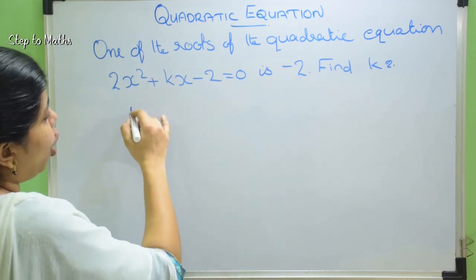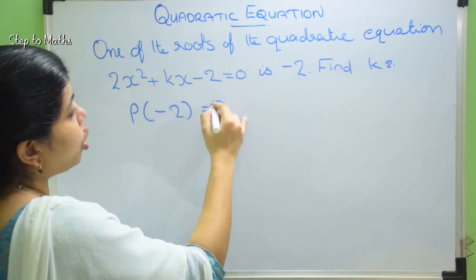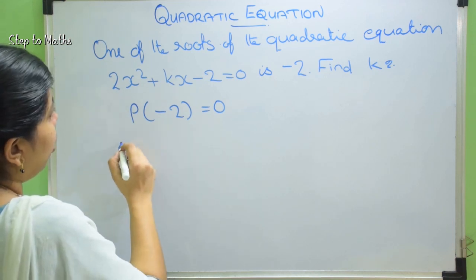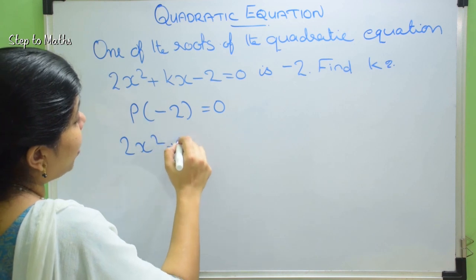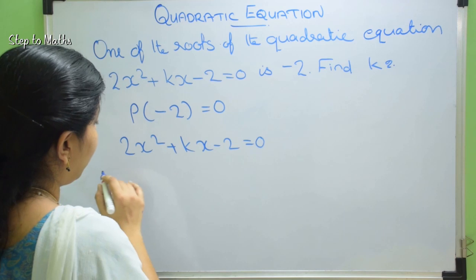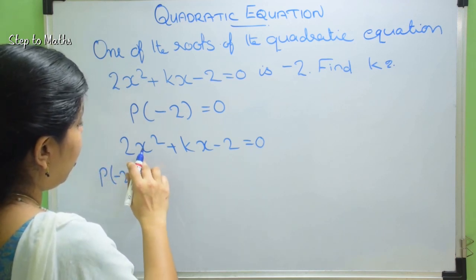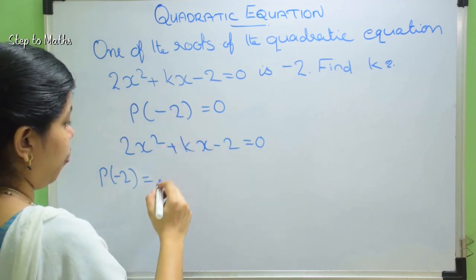That means P of minus 2 equal to 0. The quadratic equation is 2x square plus kx minus 2 is equal to 0. Then P of minus 2 is, in place of x, substitute the value minus 2.